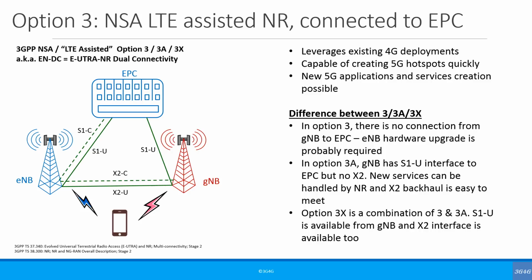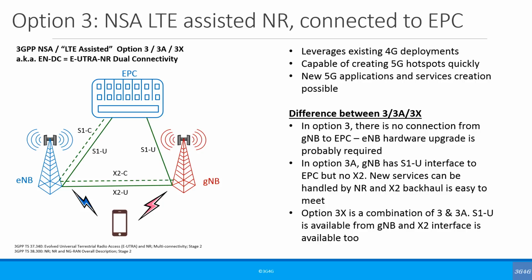So the first of the non-standalone options is option 3, which is defined as NSA LTE assisted NR, right? So LTE assisted new radio connected to EPC. In standards, it is also defined as EN-DC or E-UTRA New Radio Dual Connectivity.